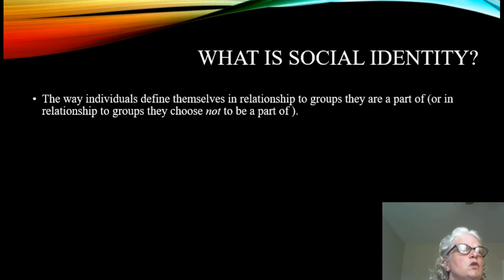So what's social identity? It's the way the individual defines themselves in relationship to the group they are part of, or in relationship to groups that they choose not to be a part of. What group did you fit in high school? Were you part of the geeks? The nerds? The goths?